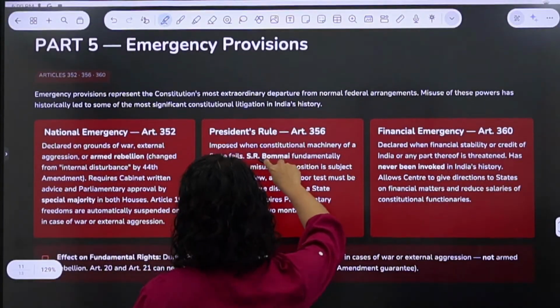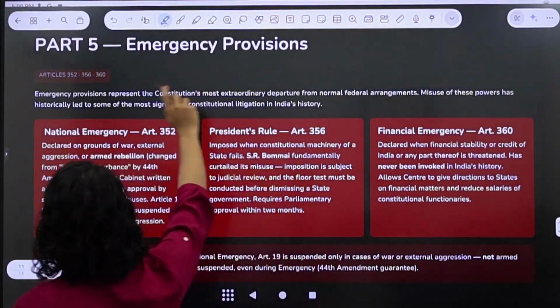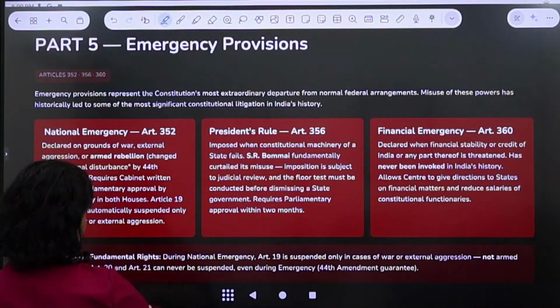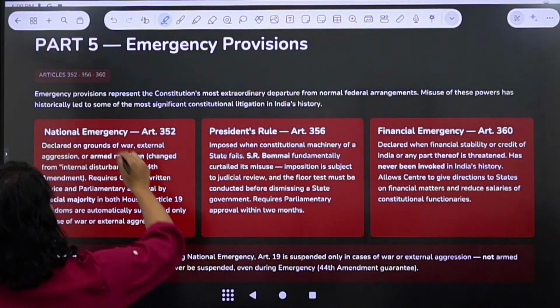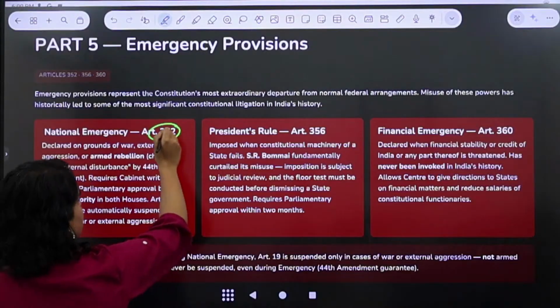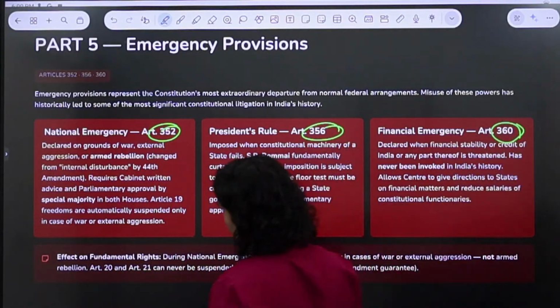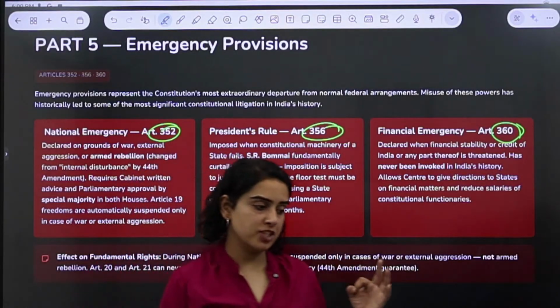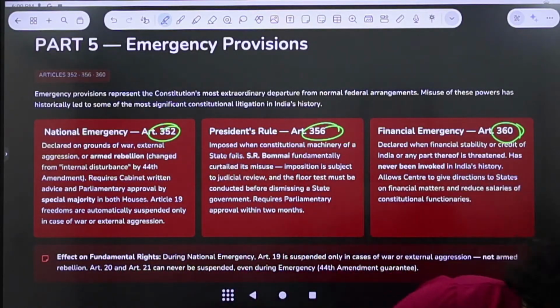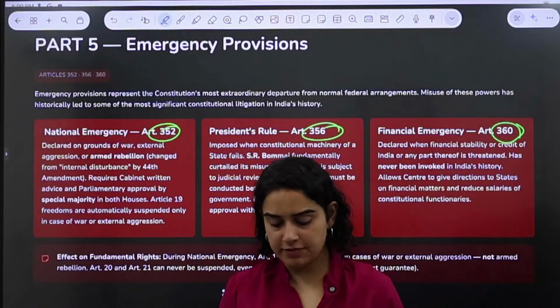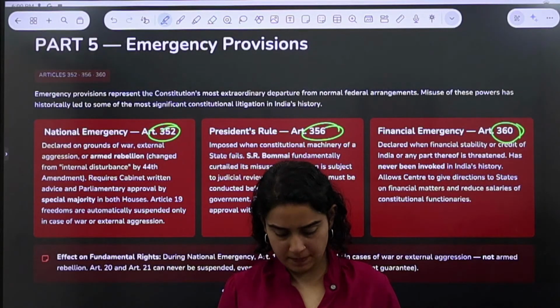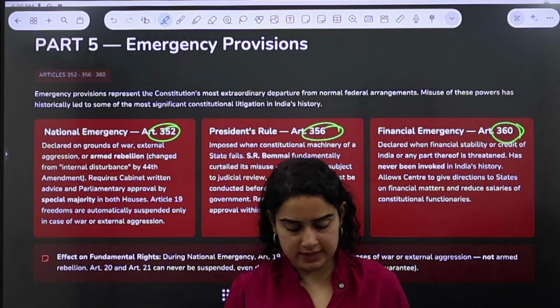Now, okay, something really important are the emergency provisions. Emergency provisions have been given under Articles 352, 356 and 360. So we have 3 types of emergency: national emergency, state emergency, and financial emergency. Okay. Now, what does it say?